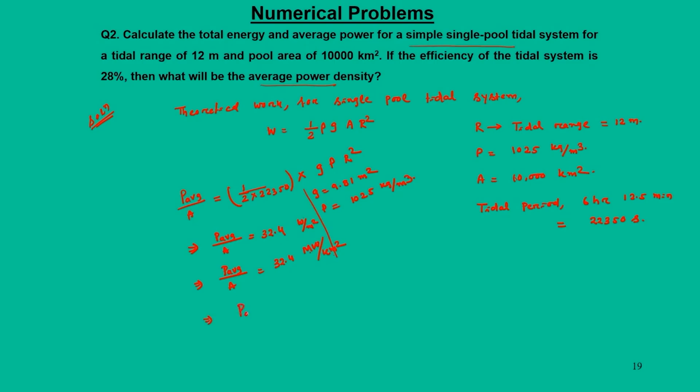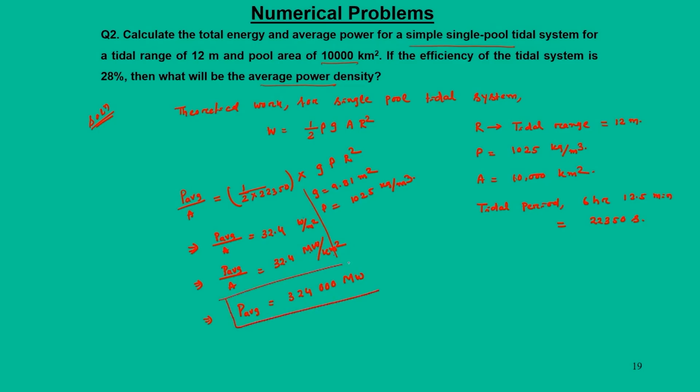So effectively, if you have 10,000 kilometer square, the average power could be 324,000 megawatt.